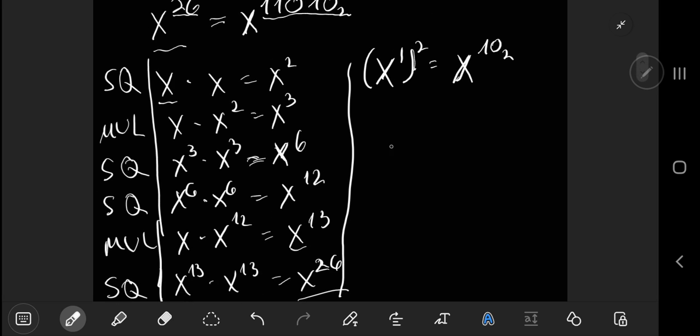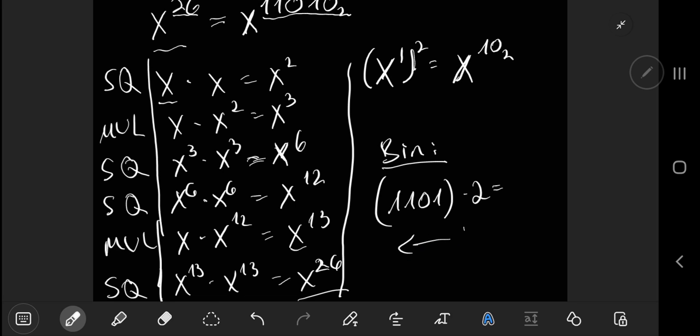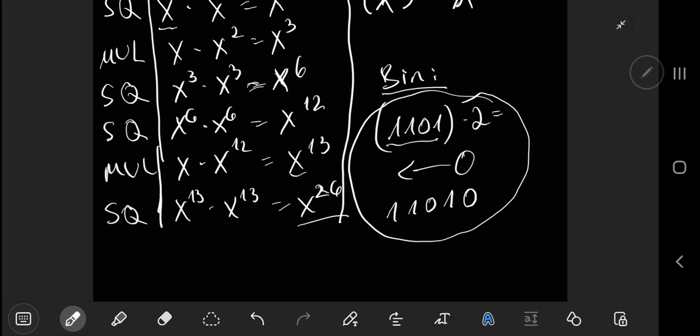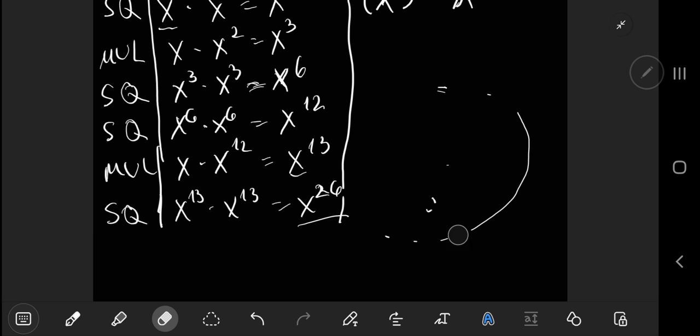Remember, when I have a binary number like 1 1 0 1, and I multiply this by 2, it's just like making a left shift and adding a 0. So this will become 1 1 0 1 0, with the 0 on the right. This is very important. Remember this. Now this is exactly what I'm doing.